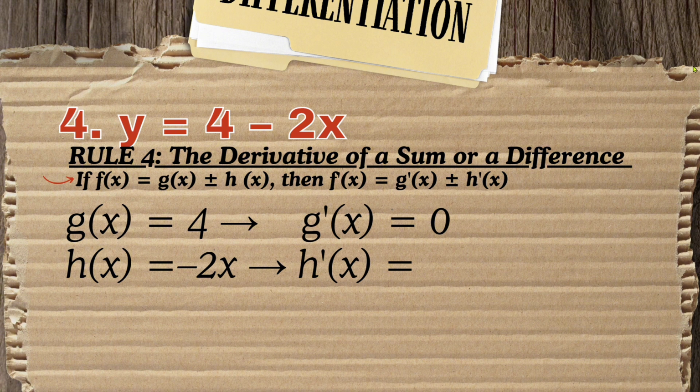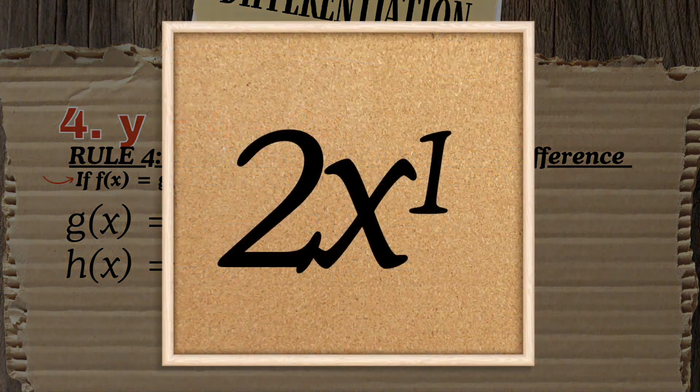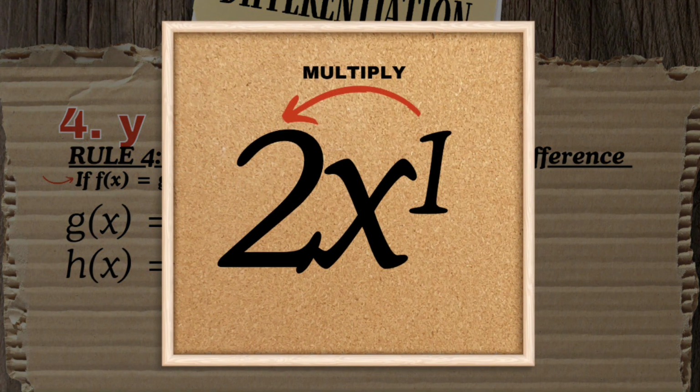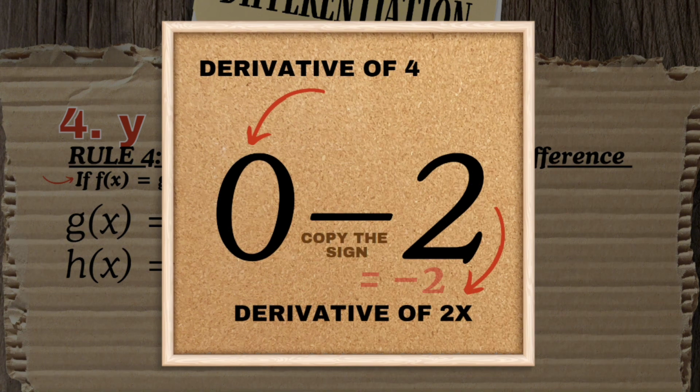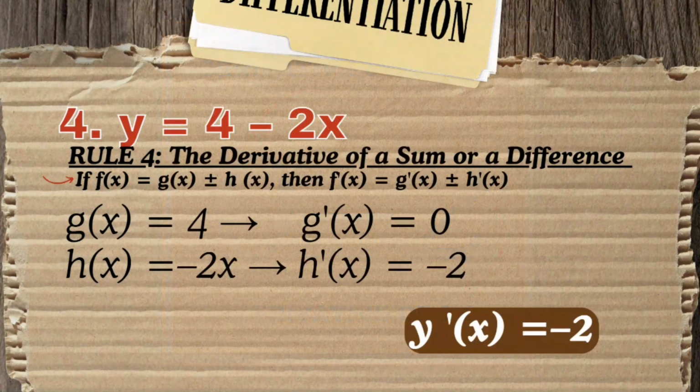Then, the derivative of 2x is equal to 2. Since ang numerical coefficient is 2, then we have the exponent of x, which is 1. We'll have 2 times 1 is equal to 2, so 0 minus 2 is equal to negative 2. Therefore, the derivative of this function will be y prime of x is equal to negative 2.